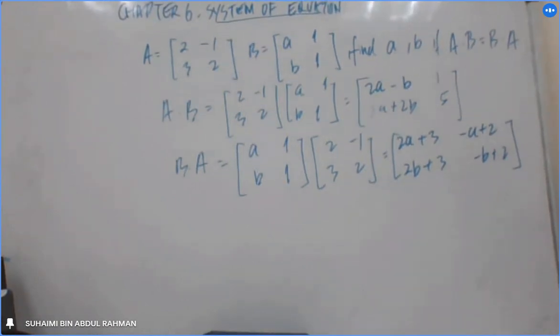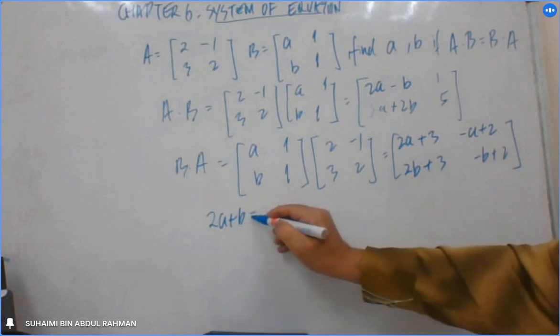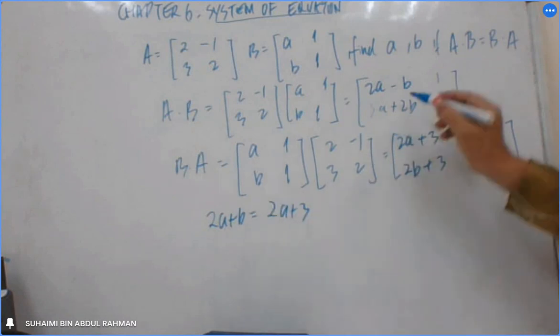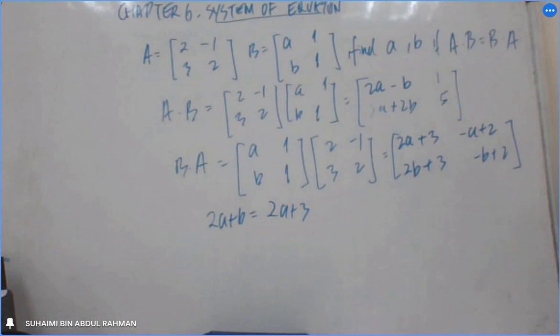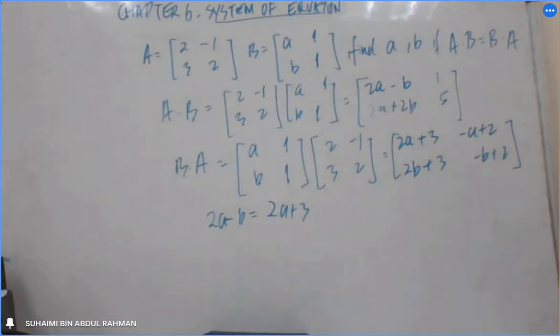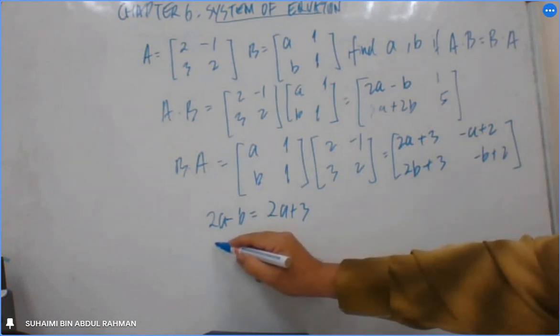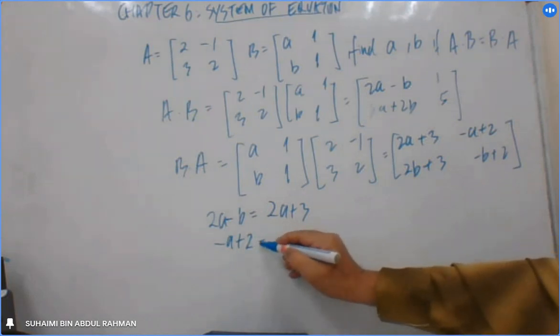Now, because AB equals BA, therefore 2A minus B equals 2A plus 3 minus B. Also, we have minus A plus 2 equals 1.